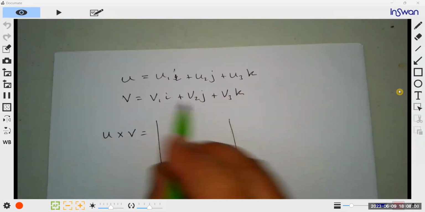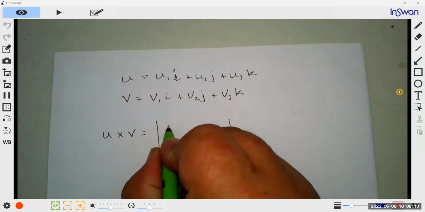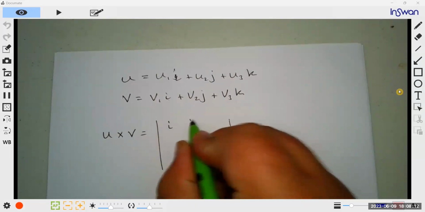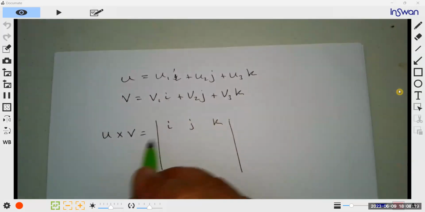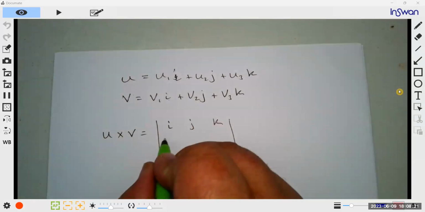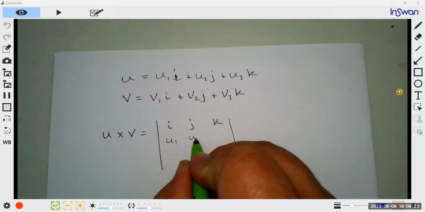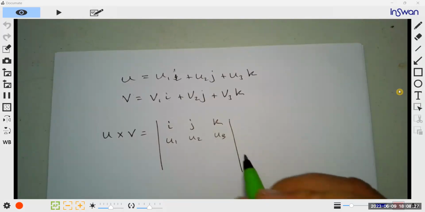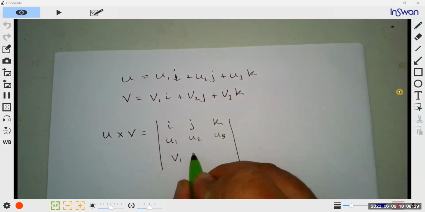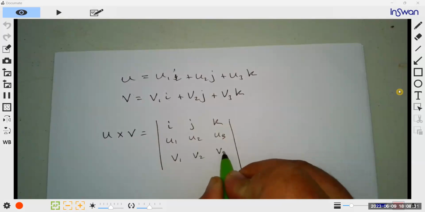The top row are the indices I, J, K. So now under the I, you have the U. So we have U1, U2, U3. And the last one is V1, V2, V3.